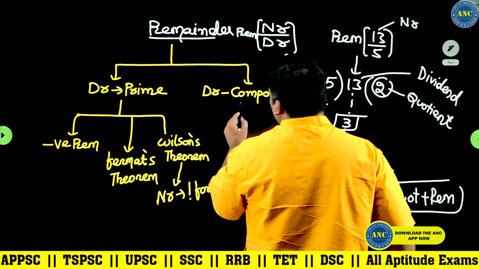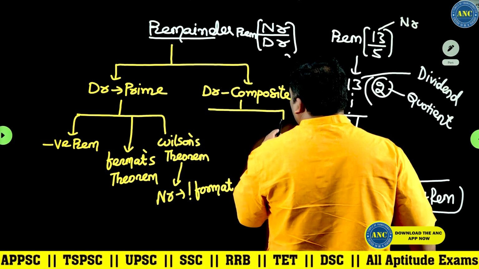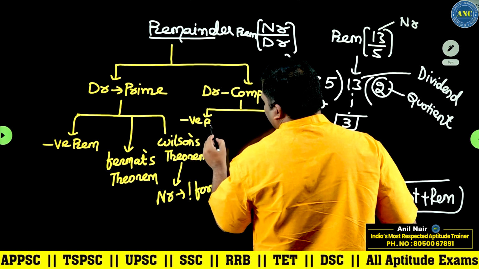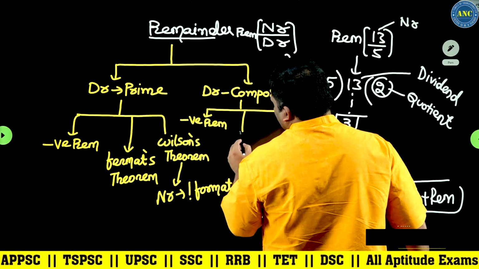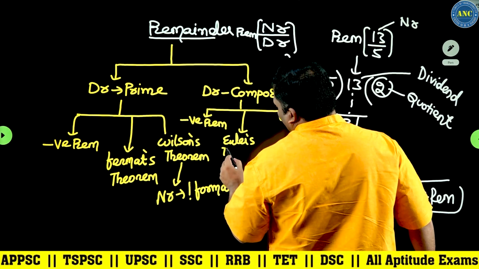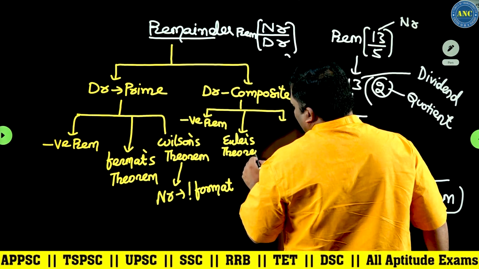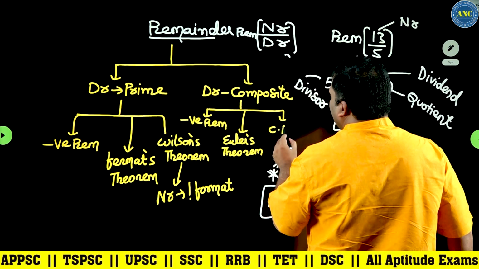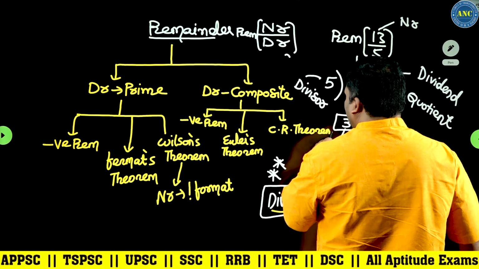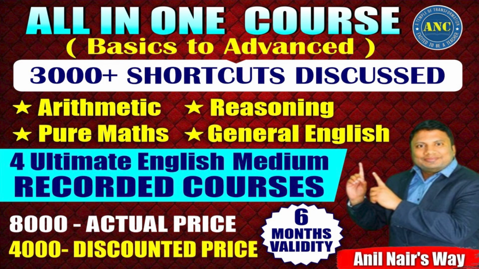If the denominator is a composite number, there are 3 ways to solve. One is negative remainder. Another is Euler's theorem. If you want to eliminate answer options, we will use the Chinese remainder theorem.